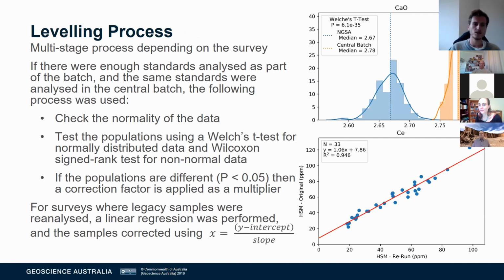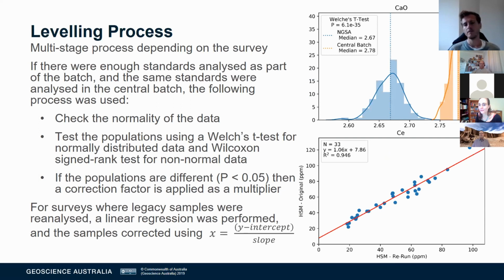It was a twofold approach to leveling the data. The first was using the standards that have been analyzed with each of these surveys, and then comparing the distribution of the results in order to determine, one, whether leveling needs to occur, and then two, what kind of correction factor was required.